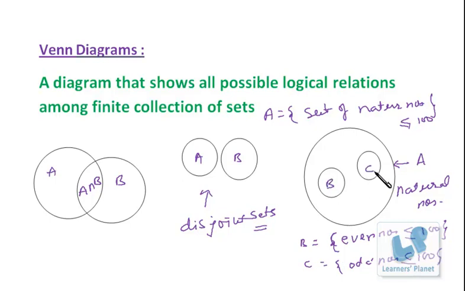This is set B and this is set C. Now set B and C, both of them are subsets of set A. That means all the elements of set B are there in set A and all the elements of set C are there in set A. So we represent B and C as subsets of set A, and since there are no common elements between B and C, these two are disjoint sets. So while we will be discussing the problems, you will be more clear, right? So let's start taking some problems now.